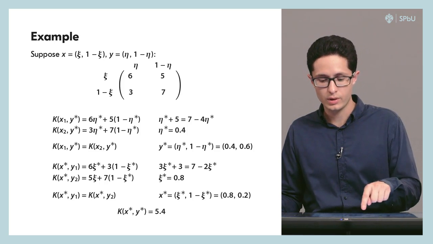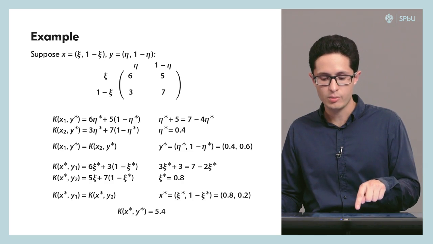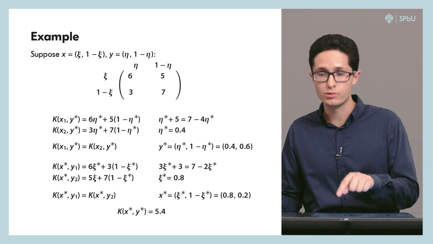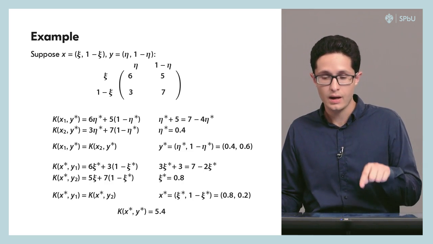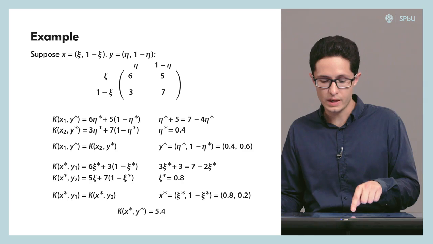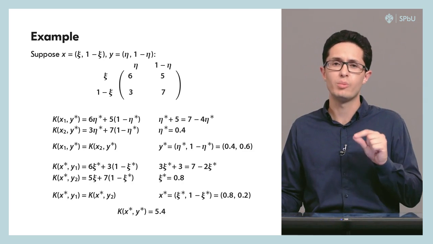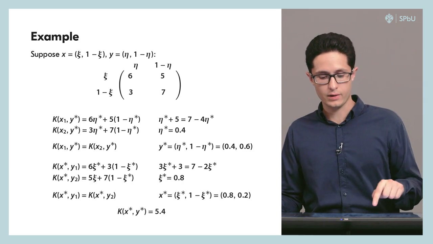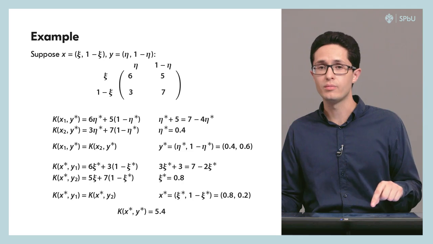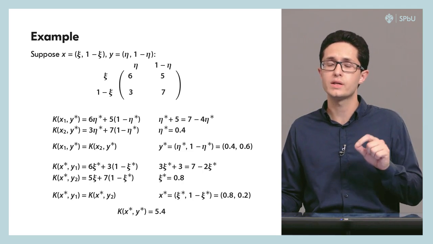As a result we have the following equation: 3 xi plus 3 is equal to 7 minus 2 xi. From that we can derive that x star is equal to xi star, 1 minus xi star, and this is equal to 4 divided by 5 and 1 divided by 5. And the corresponding value of the game, or payoff of the first player in the saddle point, is equal to 5.4.